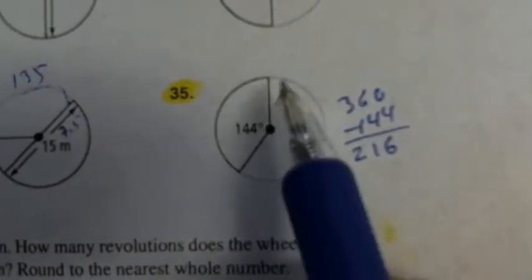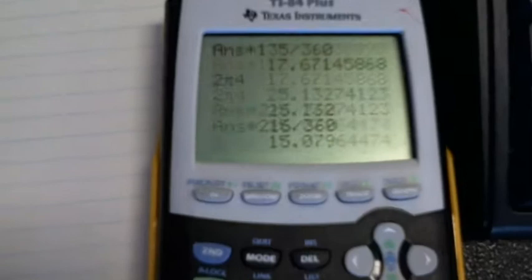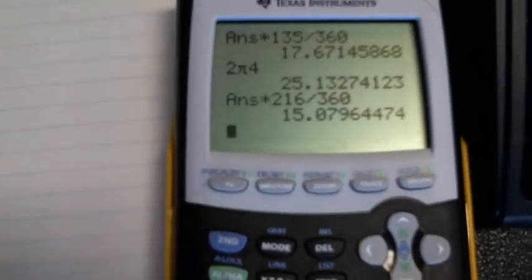Portion we use is 216 out of 360. That's 15.08.